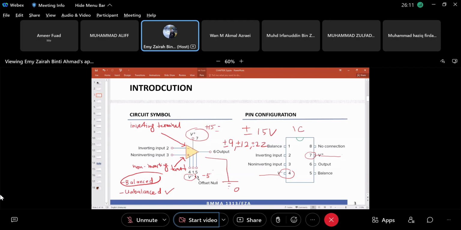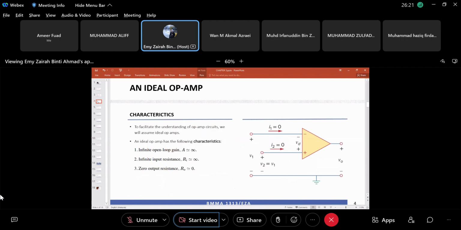Okay, the next thing you need to know is the characteristic. Why do we need to know this characteristic? Because we want to analyze the circuit using KCL, Kirchhoff's current law, and Kirchhoff's voltage law.